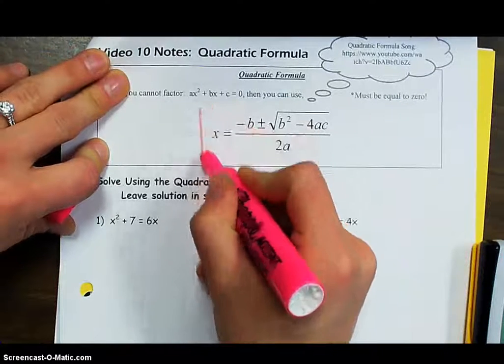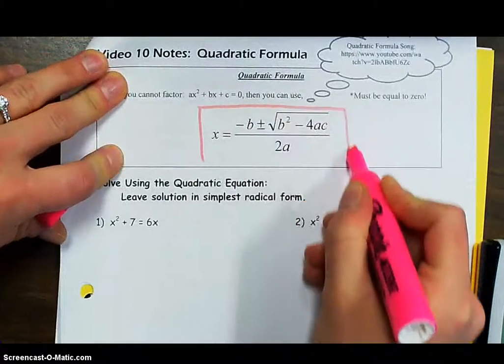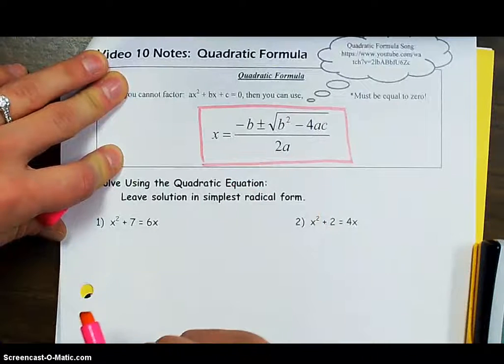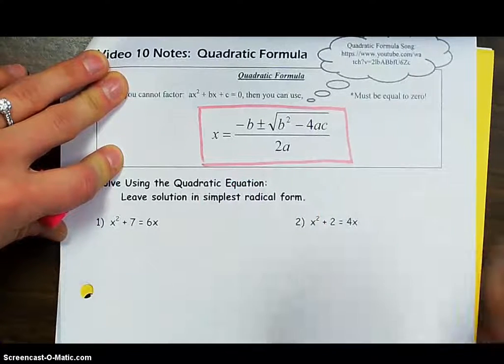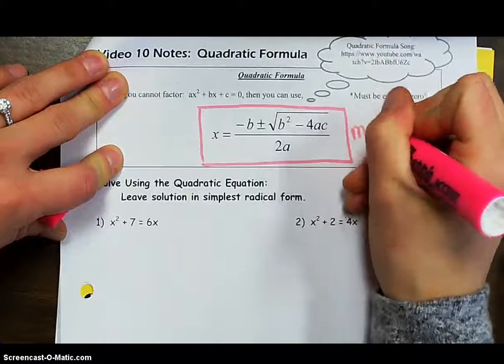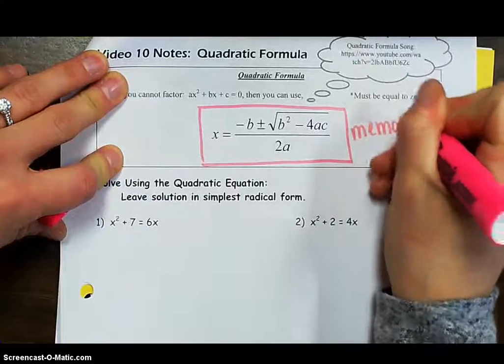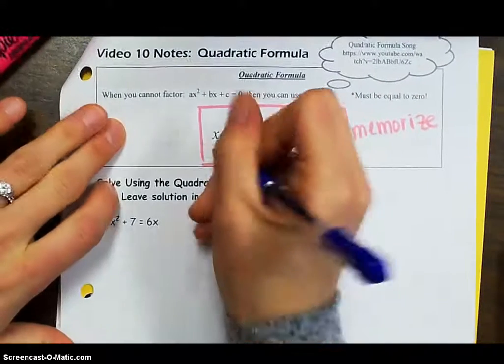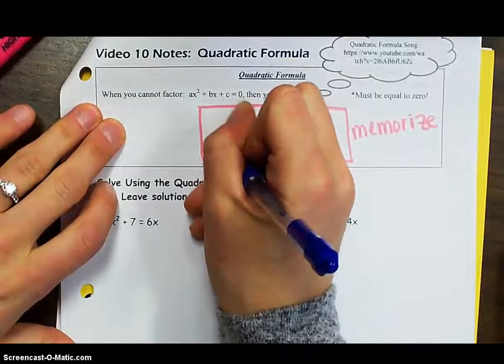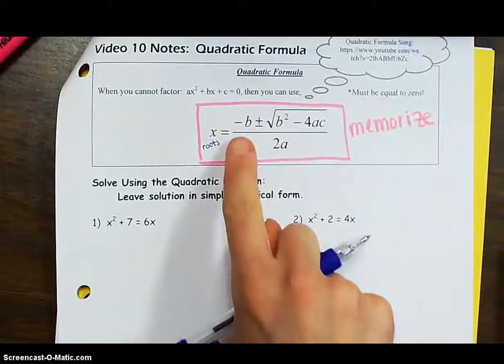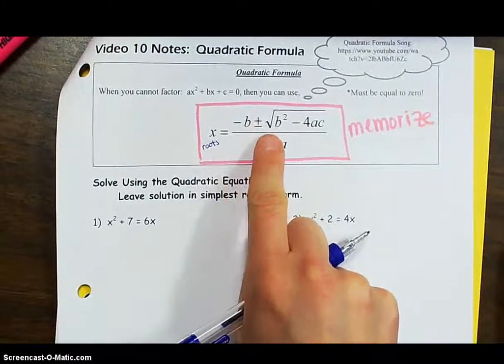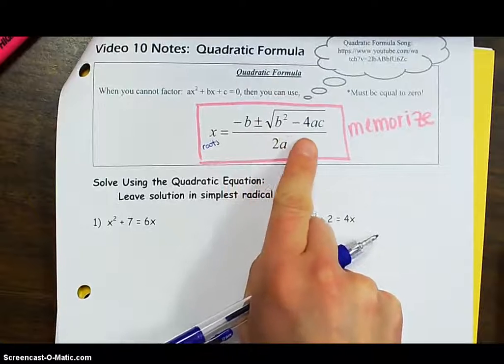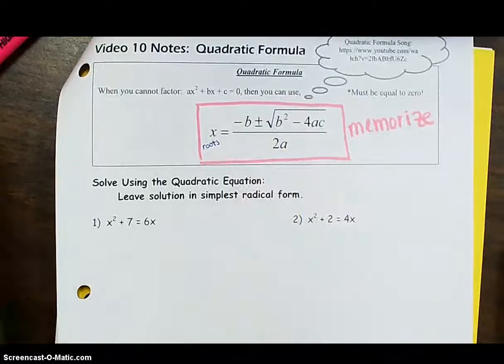And this is the formula, and this you're going to have to memorize. But believe me, we're going to use it so many times, it's going to come naturally. But you do have to memorize this formula. And the formula is x equals, remember your x is your roots or your zeros, x equals negative b plus or minus the square root of b squared minus 4ac all over 2a.